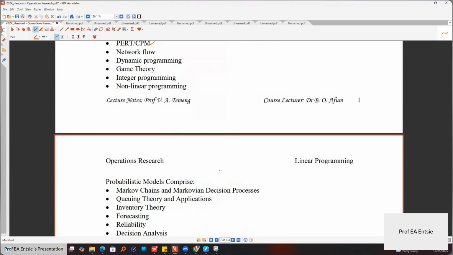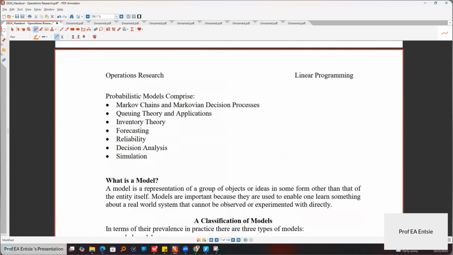And the probabilistic approach, that's when we want to determine the chances of an event occurring. We have the Markov chains and Markovian decision process, that's the MDP. We have queue theory and applications, inventory theory, forecasting, reliability. Forecasting is mostly used by the weather forecast, those who tell us the weather. We have reliability, decision analysis, and simulation.